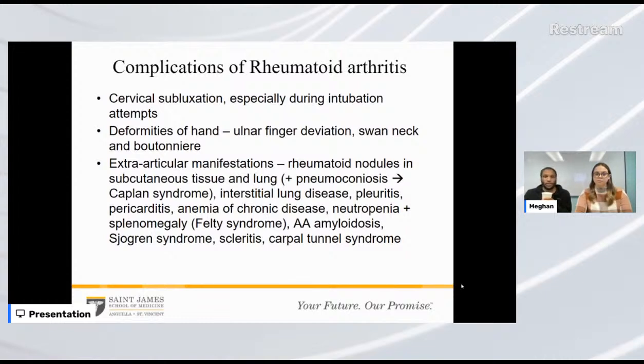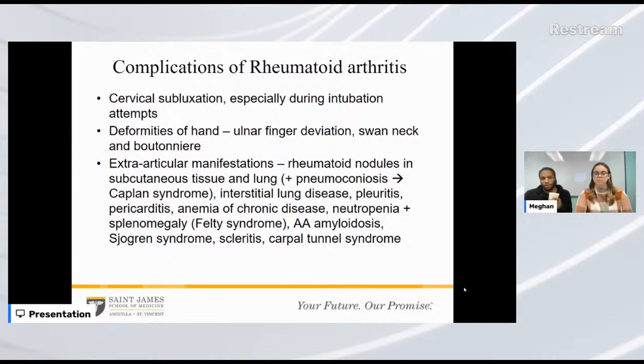You can have interstitial lung disease, pleuritis, inflammation of the tissue surrounding your lungs, pericarditis, inflammation of the tissue surrounding your heart, anemia of chronic disease, decrease in white blood cells, and a swelling of your spleen is called Felty syndrome. Amyloidosis, a deposition of proteins throughout the body that causes symptoms, Sjögren syndrome, dry eyes, dry mouth, scleritis, carpal tunnel syndrome. So lots of things can go wrong in association with rheumatoid arthritis.